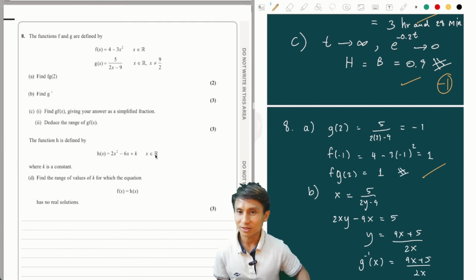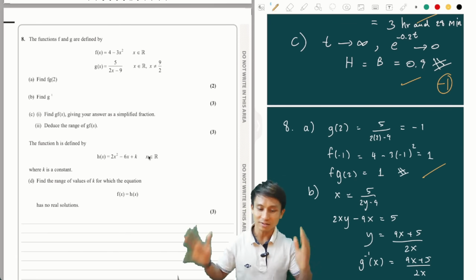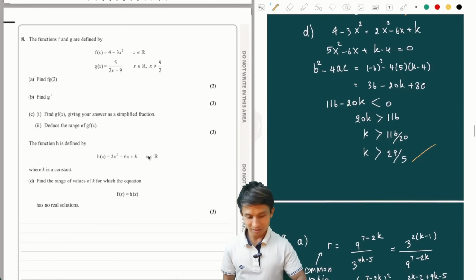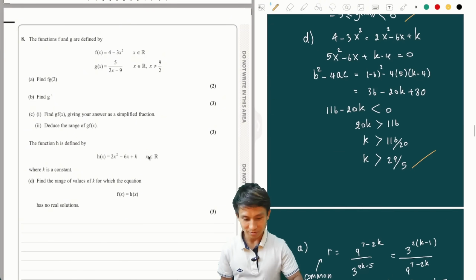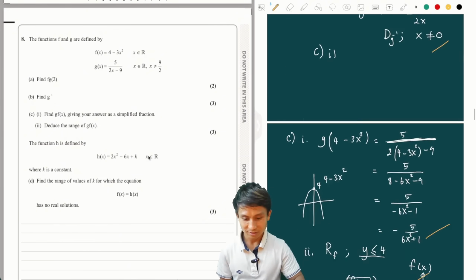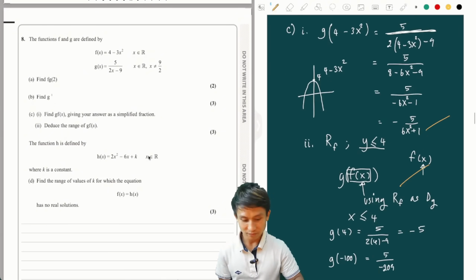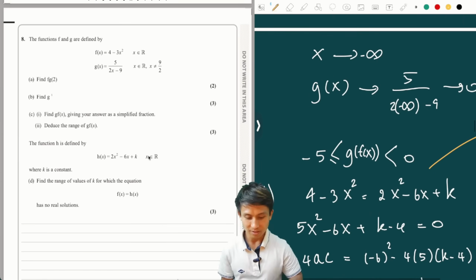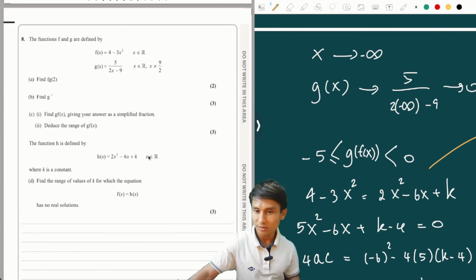Yeah, that's number 7. Number 8 here. Make sure you understand what I walked through and explained about how you find the range of the composite function. Wait, where's that? The range of this one right here, right? That's very important because basically whatever is inside, you have to find what it is.